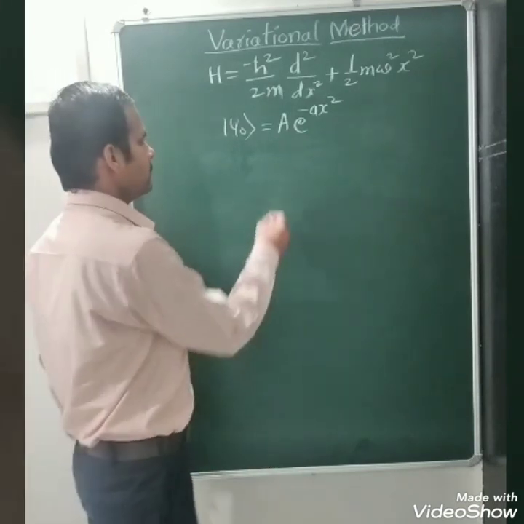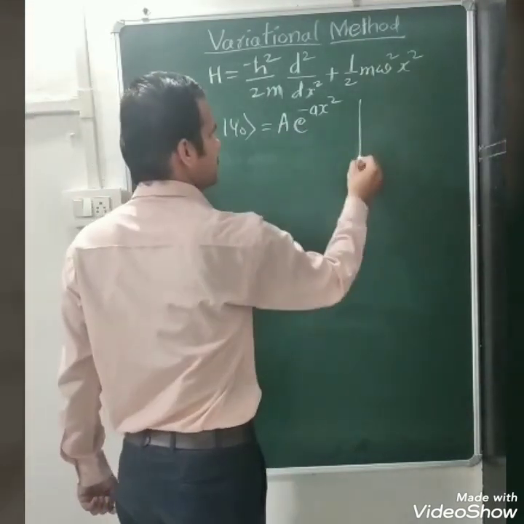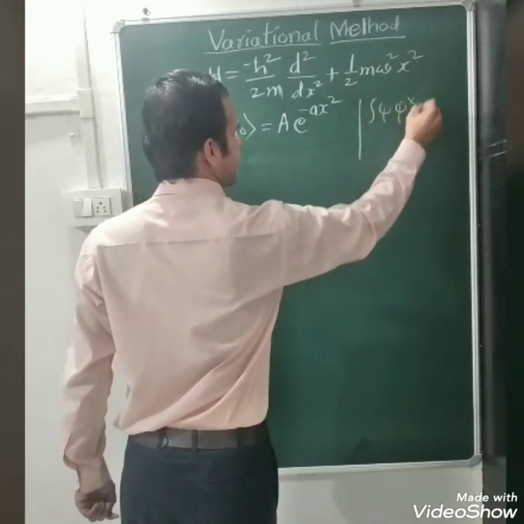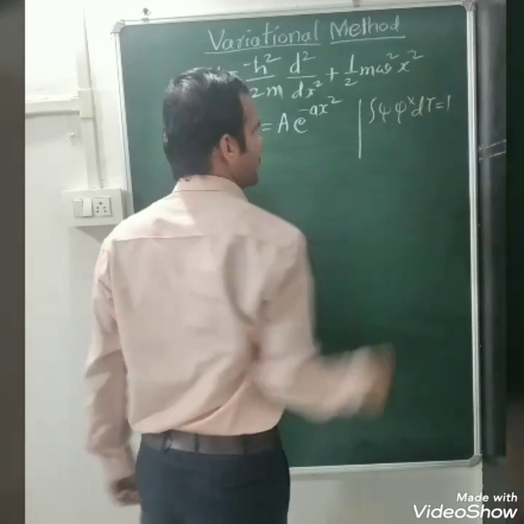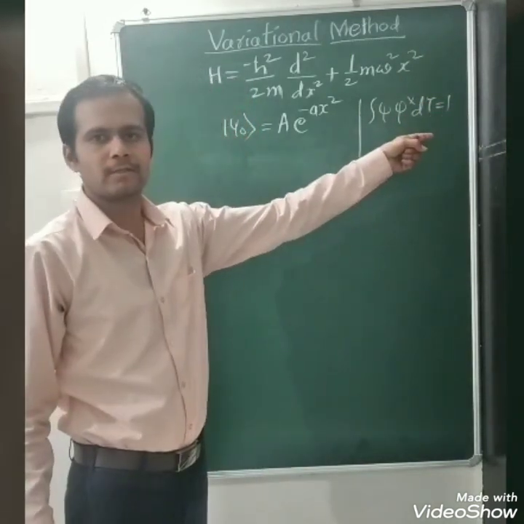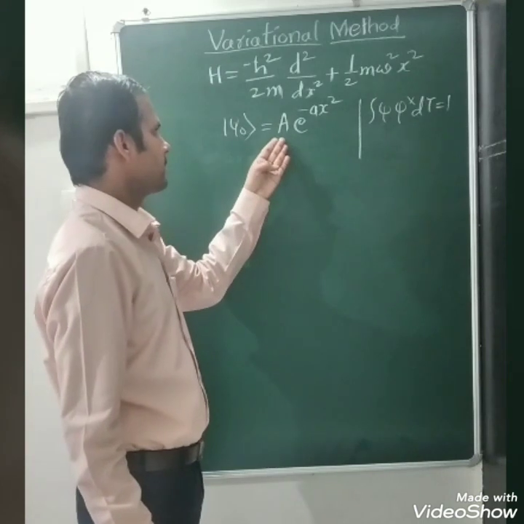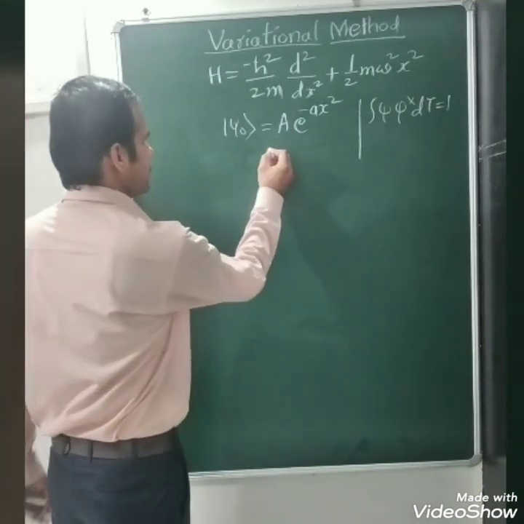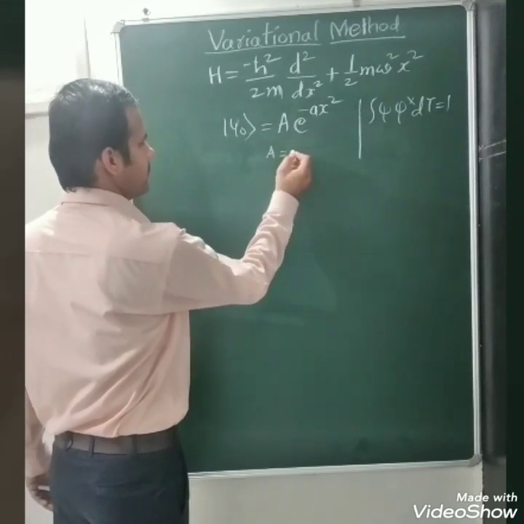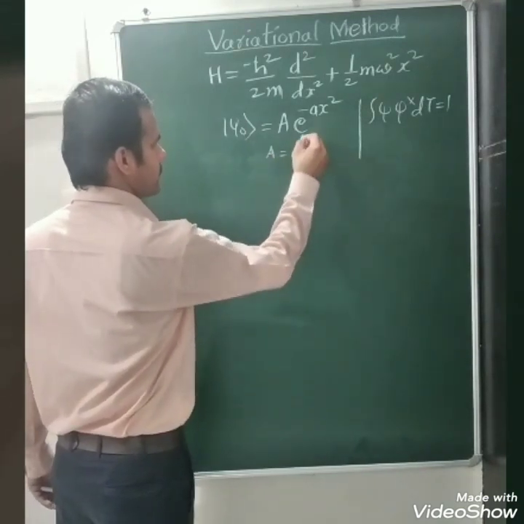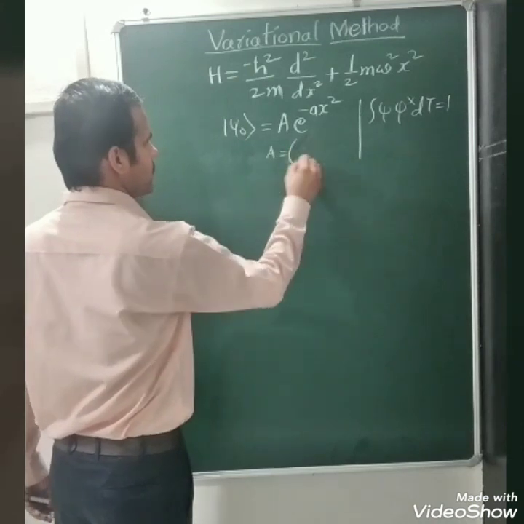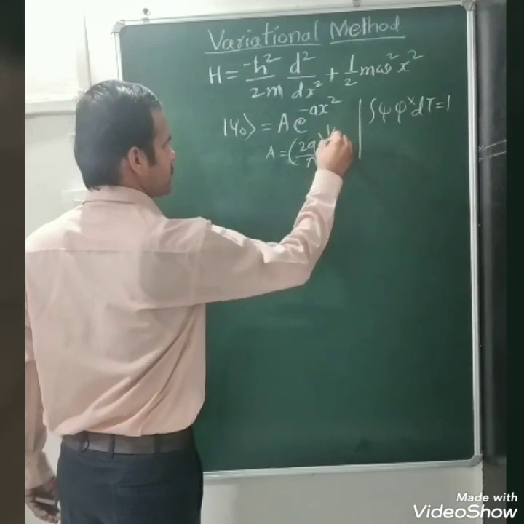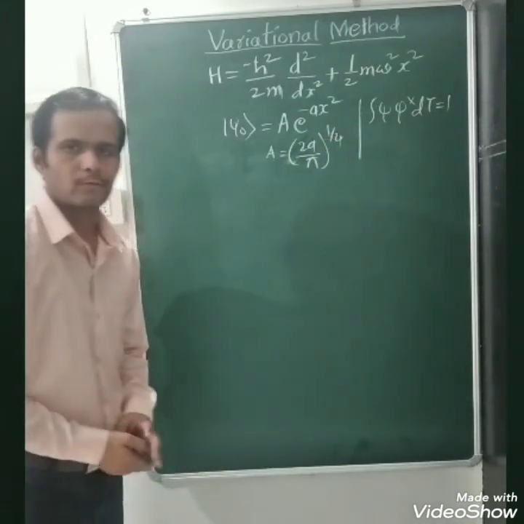Now we know that by using the normalization condition, the integral of psi star psi d tau is equal to 1, we can calculate the value of the constant A, and it is A equal to (2a by pi) raised to 1 by 4.